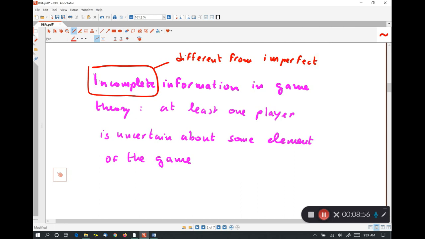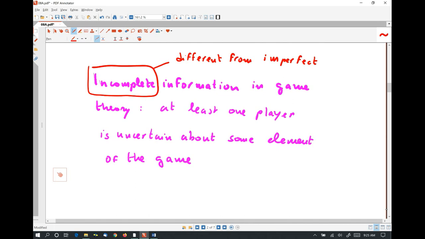We use the expression imperfect information within the context of an extensive form game or a dynamic game to refer to the fact that at least one player, when it is her turn to move, does not know what happened up to that point. Maybe has some partial information about it, but is uncertain about some past moves of her opponents. Incomplete information, on the other hand, refers to uncertainty about the game itself.